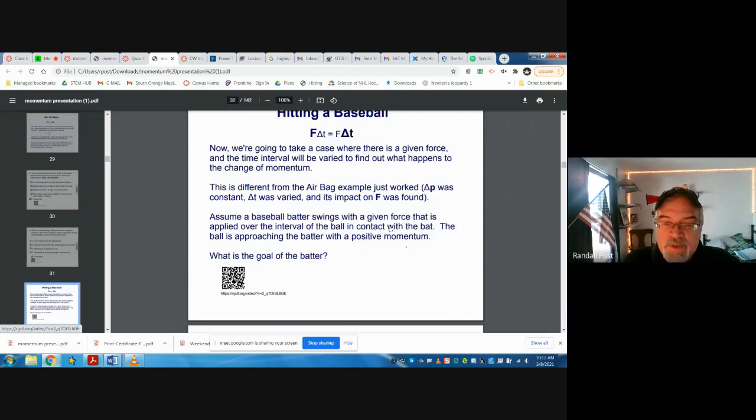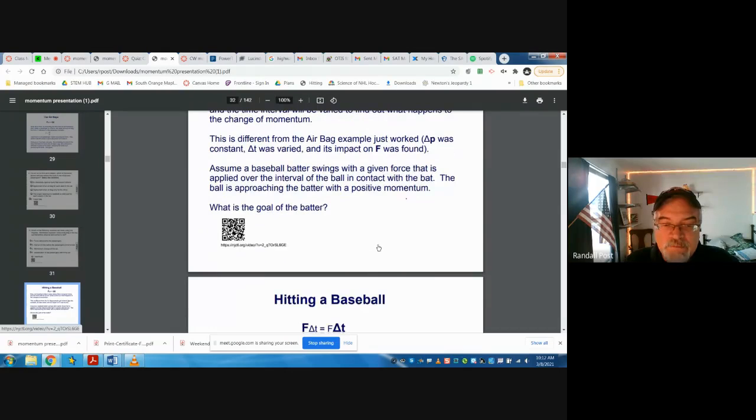So the batter swings with a given force, and the ball is approaching the batter with a positive momentum, right? The batter's job is to not only reverse the momentum that the pitcher put on the ball, but then to send it back out in the opposite direction.